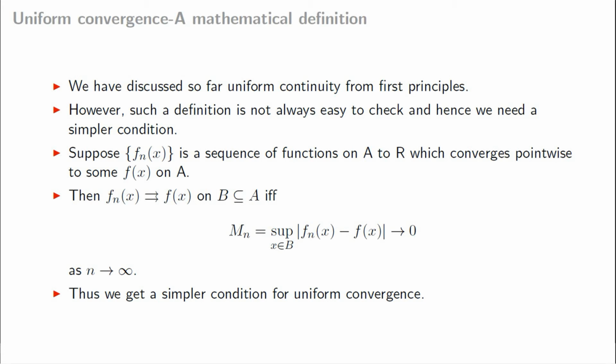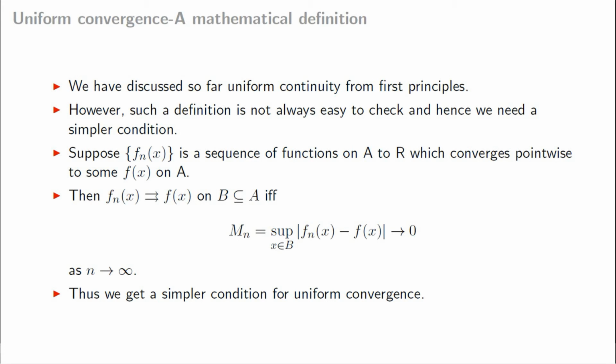So suppose f_n(x) is a sequence of functions from A to R which converges pointwise to some f(x) on A. Then f_n(x) converges to f(x) uniformly on B, which is a subset of A, if and only if M_n, which is defined as the supremum of the absolute value of f_n(x) minus f(x) where the range of the supremum is x belonging to B, tends to 0 as n tends to infinity.